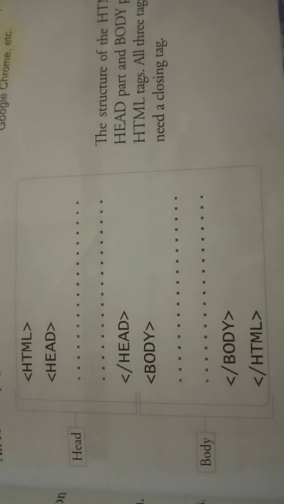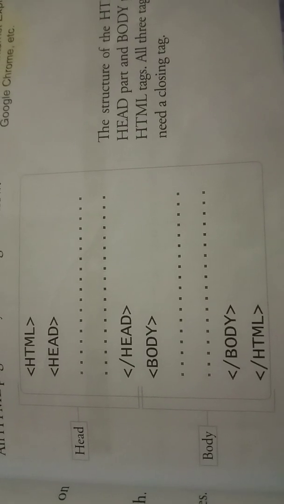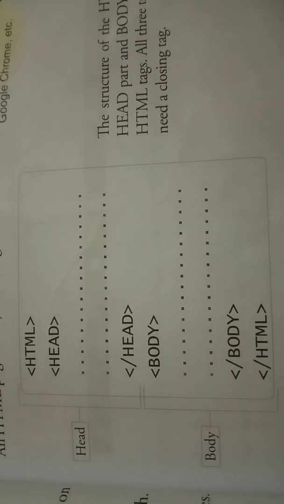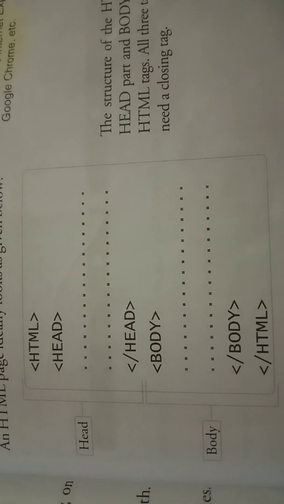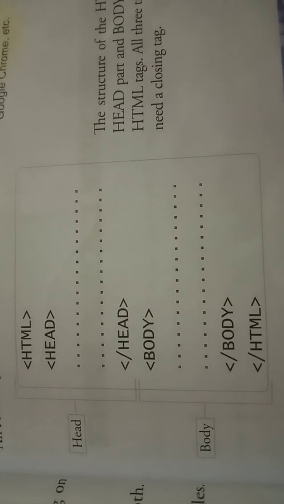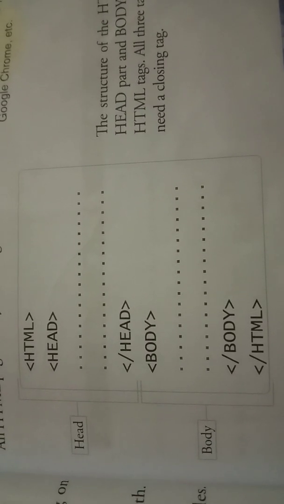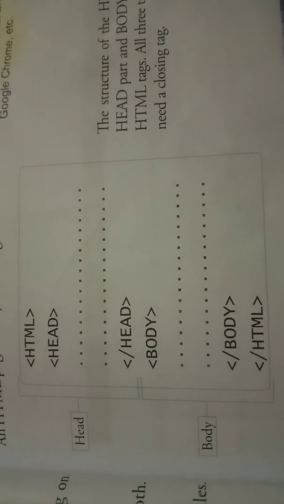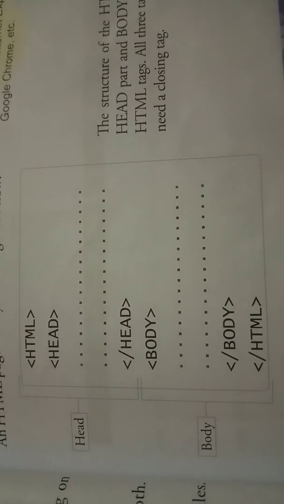Then start the body. Body is the main part of the program. Why is this the main part of the program? Because all the program functions are going to be written in between the body tag. In between these tags we write the programming language, whatever we are making.